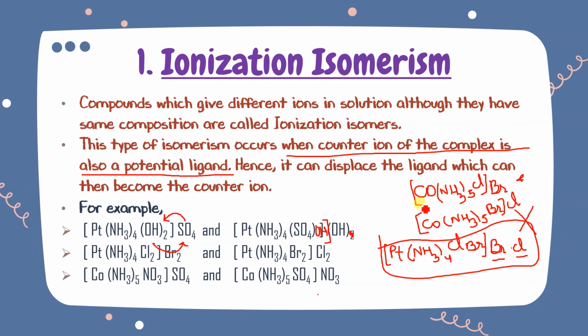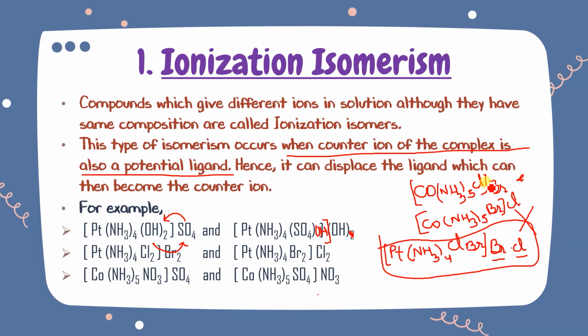One question will be asked like this, that this and this, prove that they are ionization isomers. So it is not like in this one bromine is outside, in this one chlorine is outside. So they have the same molecular mass, same molecular formula, but the counter ions are different. So they are ionization isomers.